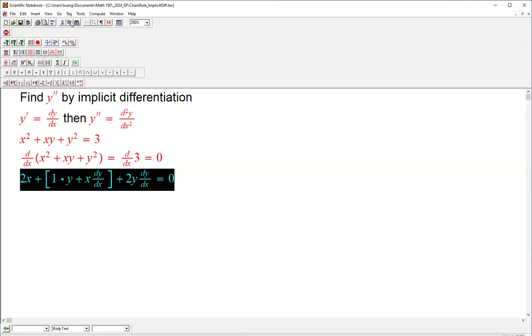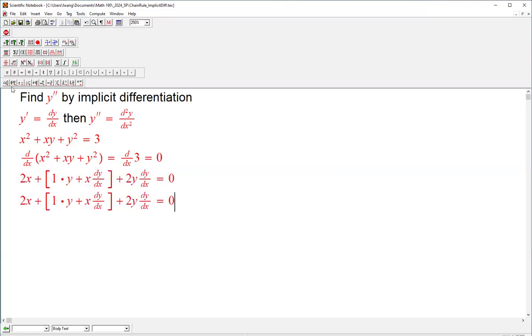Next, we're going to organize the terms, solving for dy dx. So this will be gone, remove the bracket. These two terms have dy dx, and the other two terms do not. So subtract 2x, subtract y on both sides, moving them to the other side: minus 2x minus y.